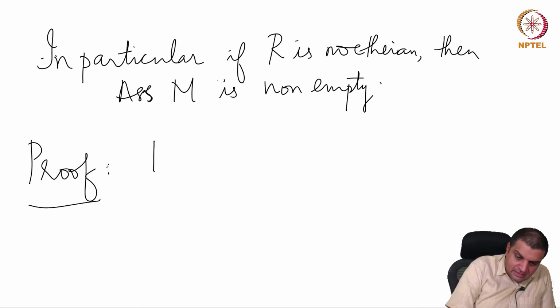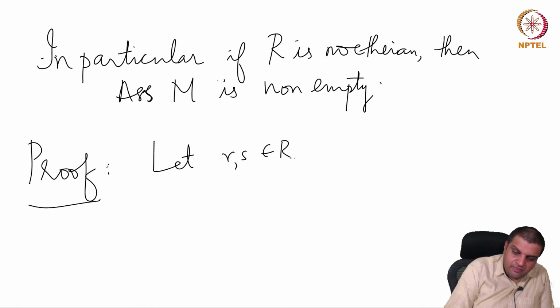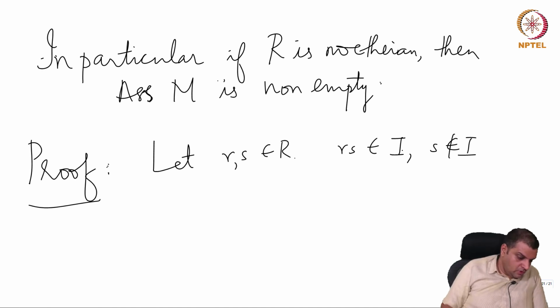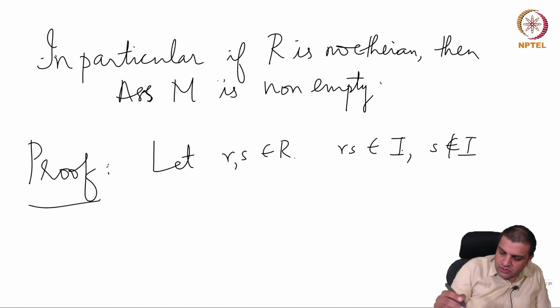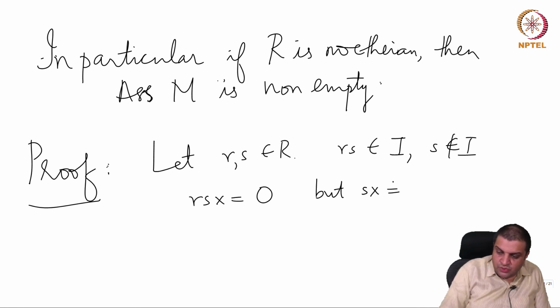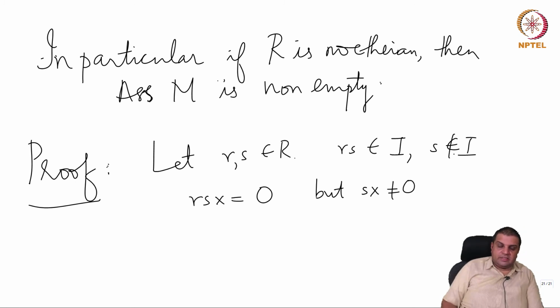So let r, s be inside R, the product rs inside I, and s not inside I. We want to show that r is inside I. So what does that say? The product rs x is 0, because rs is in the annihilator of x, but s x is not 0, because s is not in the annihilator. That's just rewriting this condition.